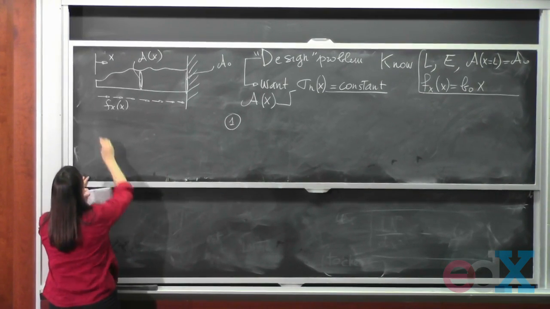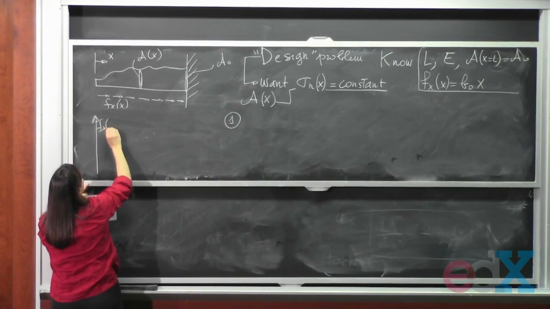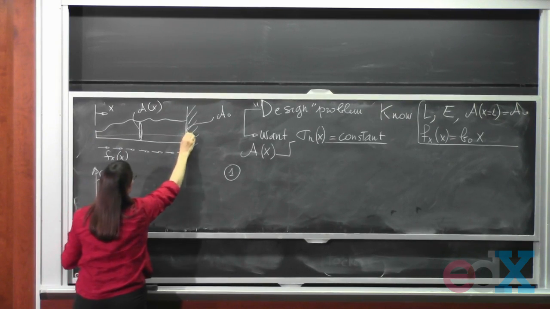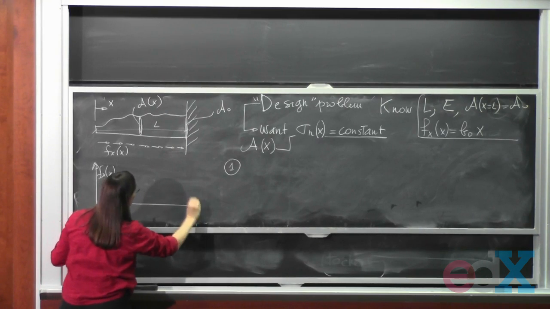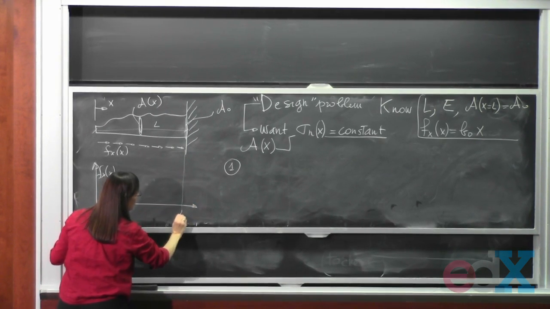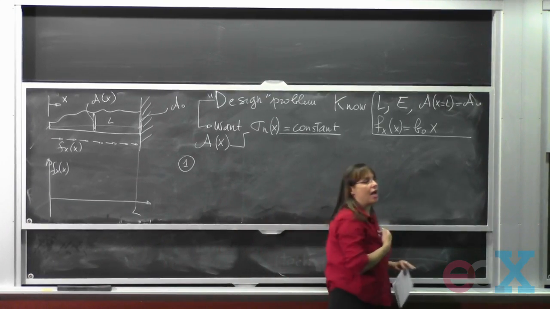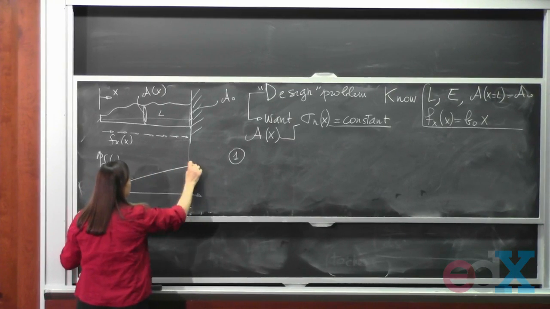So let's plot the loading, Fx of x. So remember, this whole thing from here to here is L. So if I plot Fx of x, it goes from 0 to L. Well, even I can plot that. B0x. How easy is that? Boom.